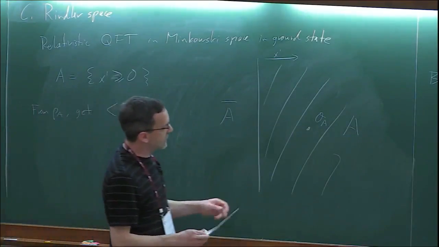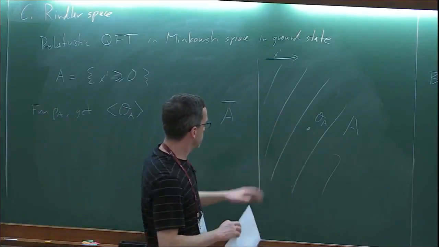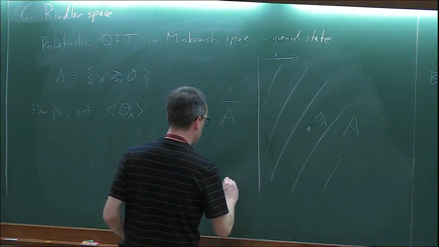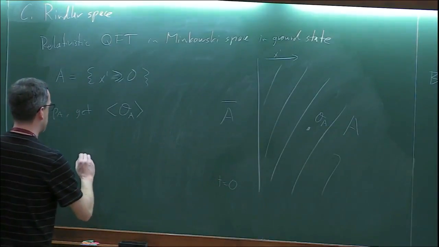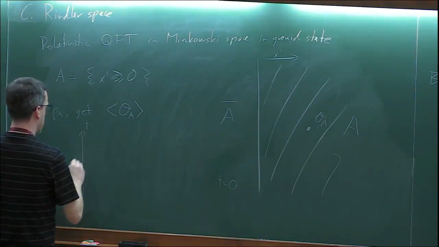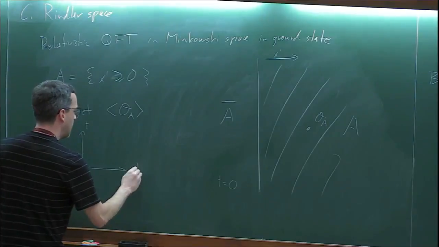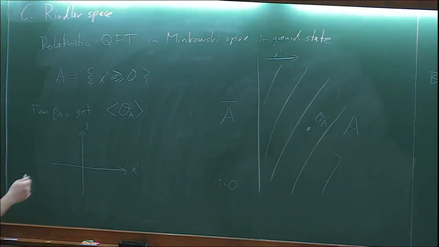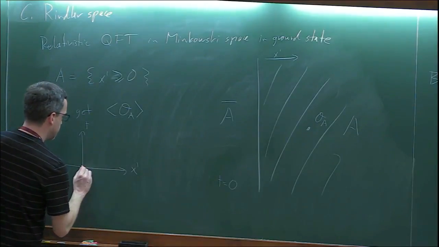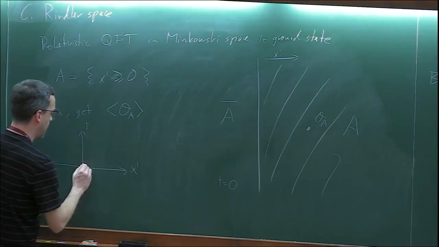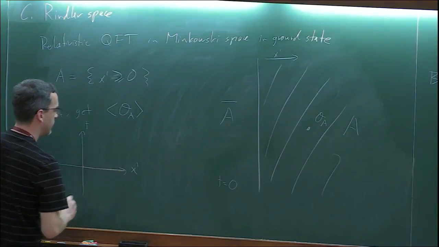So far this picture is all at t equals 0. Since we're doing relativity, let me introduce time into the picture. And I have some other dimensions going transverse to the board, which I'm not going to attempt to draw. My A is living at t equals 0.